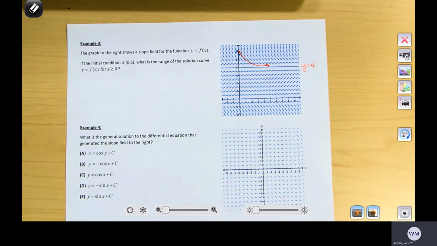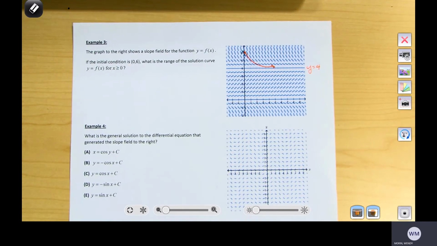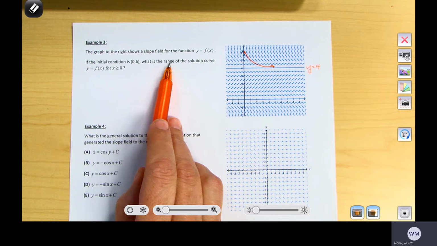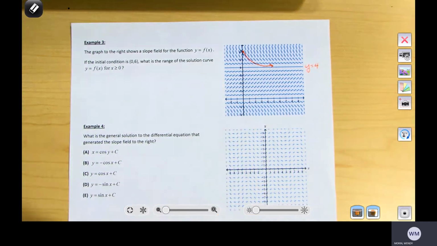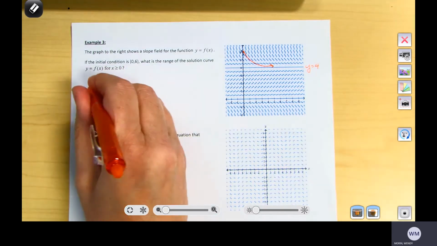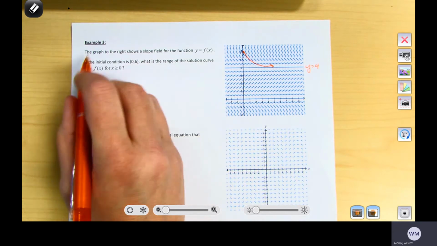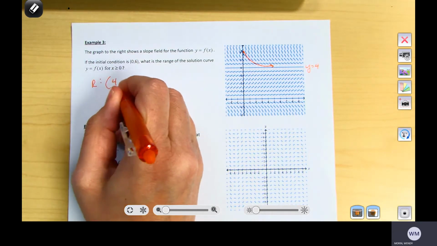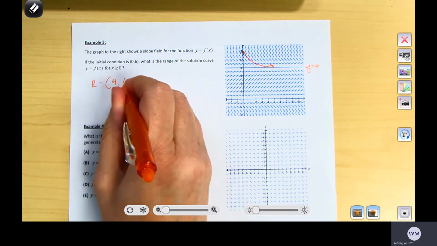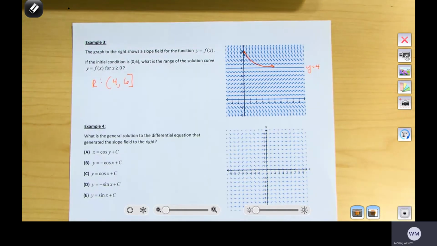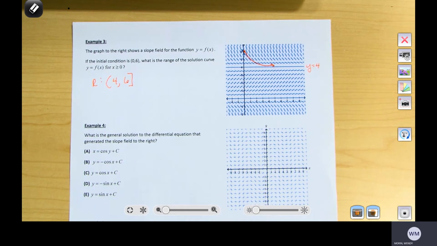That's what a possible solution curve would look like. So what is the range of the solution curve? If you remember, range is from bottom to top. So our range of our solution curve, it's approaching 4, doesn't get to 4, and the only thing we really know is that it goes up to 6. Anything other than that, we would be making an assumption.